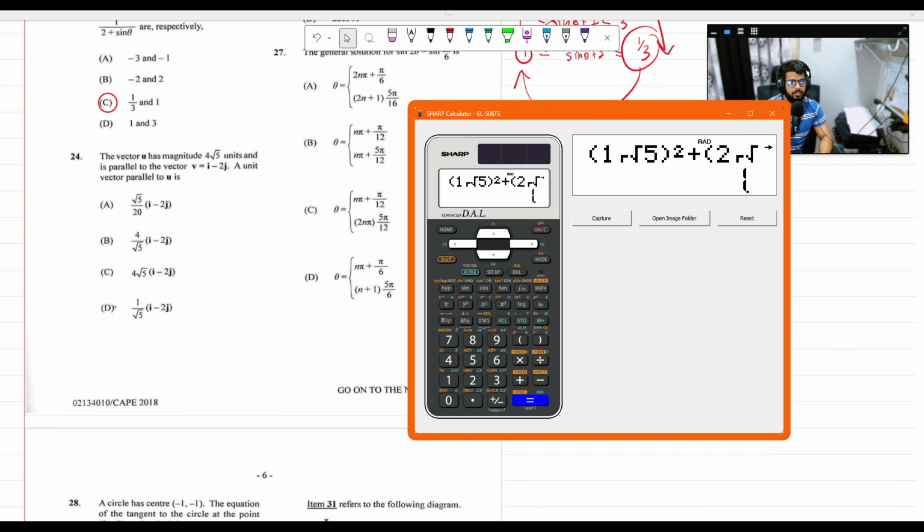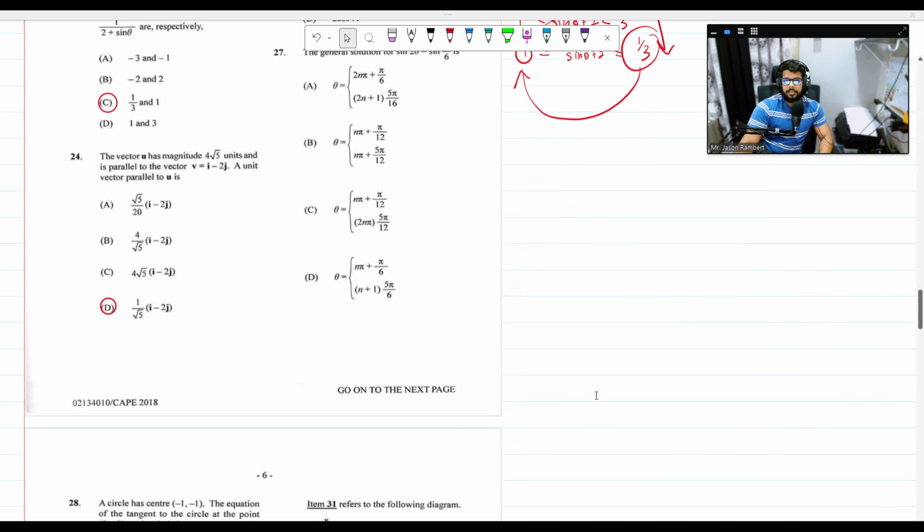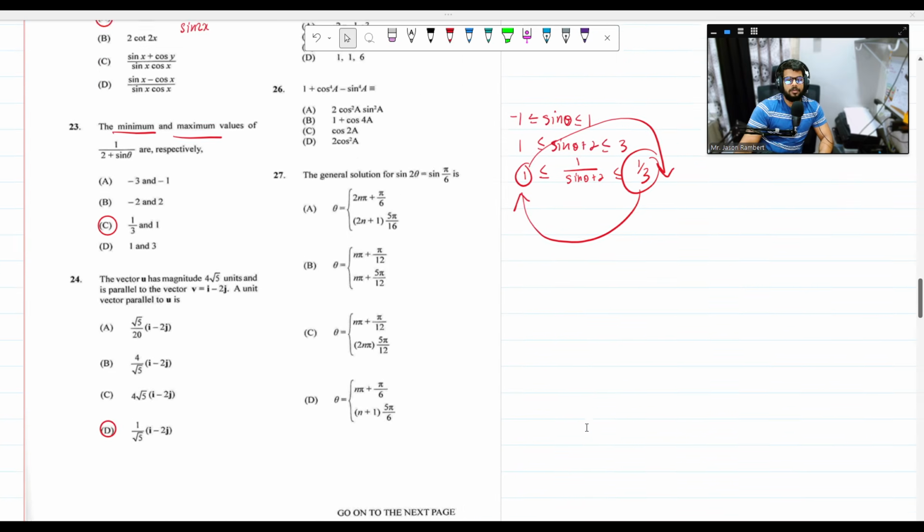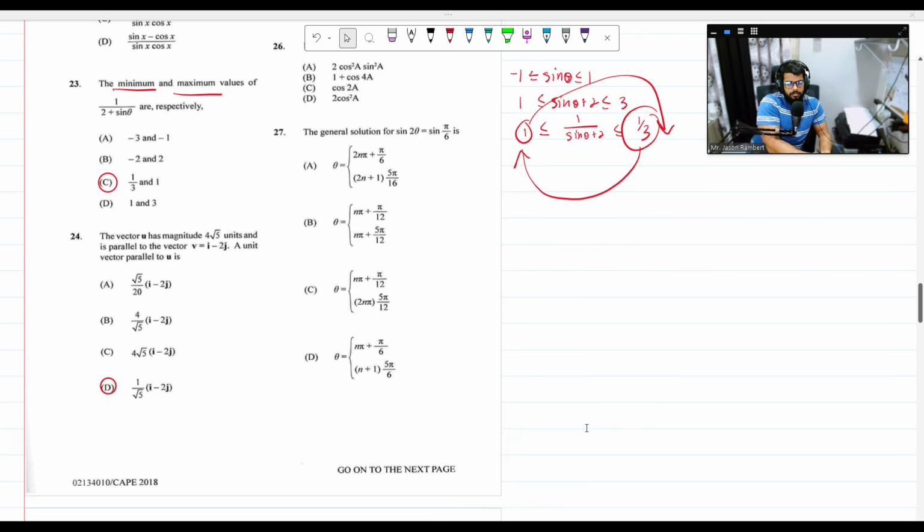So this is the only vector that gives me a magnitude of 1, and they're asking for a unit vector. If they didn't ask for a unit vector, but asked for a vector parallel to u, all you had to do is figure out which one of the options is a scalar multiple of i minus 2j.